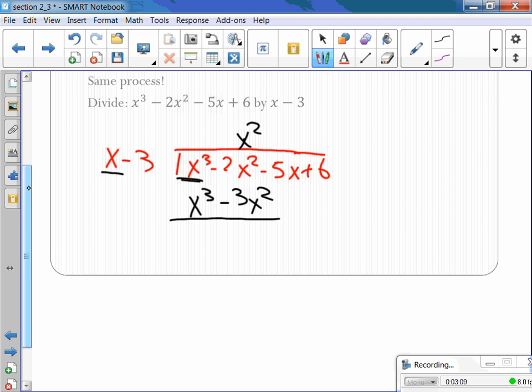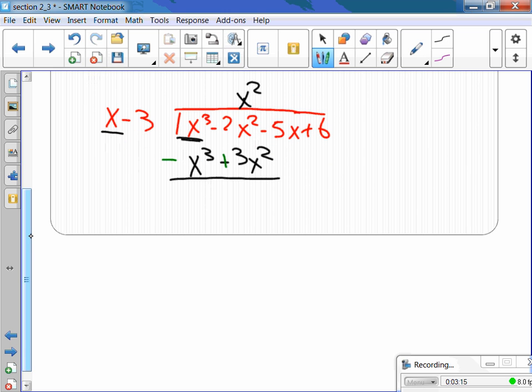So minus plus, x cubes are gone. I'm left with negative 2x squared plus 3x squared, x squared. What do we do now? Drop down the next term, minus 5x. Repeat the process. X times what gives me x squared? Plus x. So now I take x times the entire divisor, right?